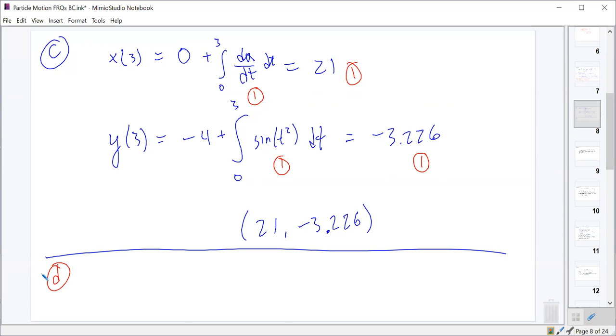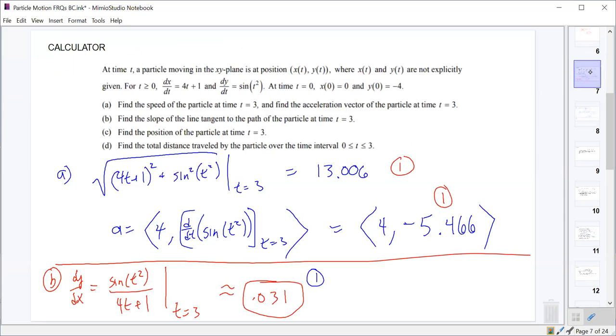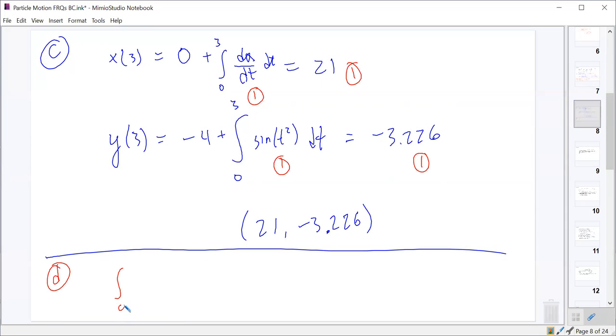All right. Part D, we want to find the total distance traveled. So that should be the integral of your speed, so the integral of the magnitude of the velocity vector from 0 to 3. So from 0 to 3, square root of dx dt, which I believe was 4t plus 1 squared, and then we had sine of t squared, so sine squared t squared, dt.